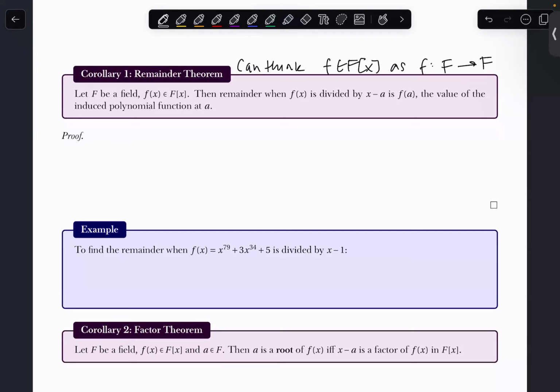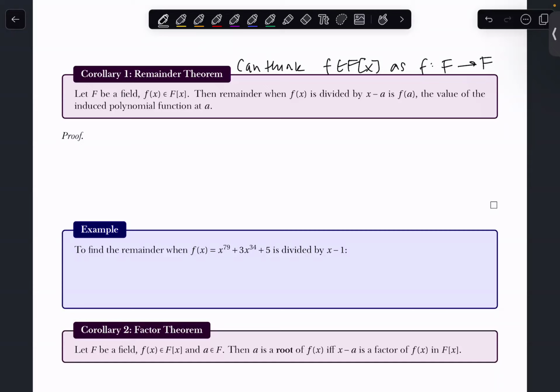But again, I can decide what the domain and codomain are, and it might change what my answers are or what the function actually is. But anytime we think about the function induced by the polynomial, we'll take the codomain and domain to be where we're taking our coefficients from, because we know that's always going to work.